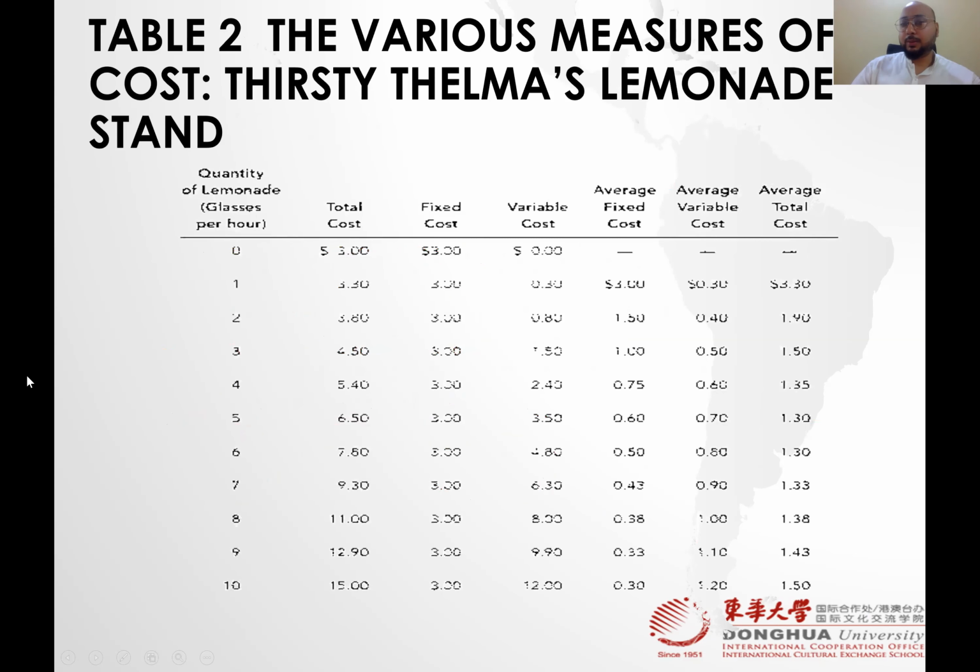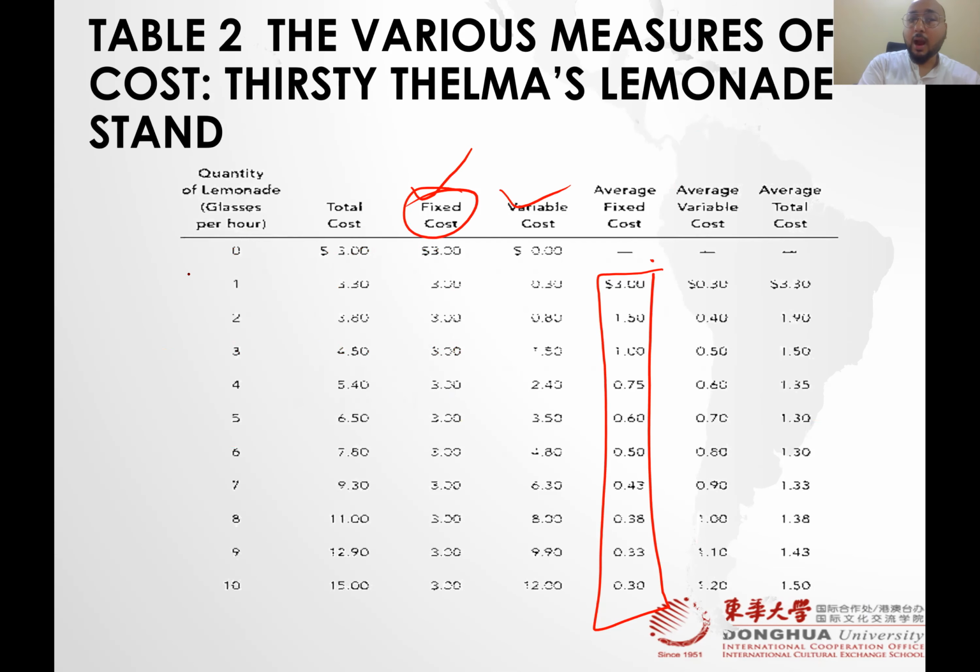So how do we come up with these averages? We are given the fixed cost and the variable cost. How do we come up with these values? Fixed cost divided by output. So 3 is coming from fixed cost: 3 divided by output 1. Fixed cost is 3 divided by output 2.